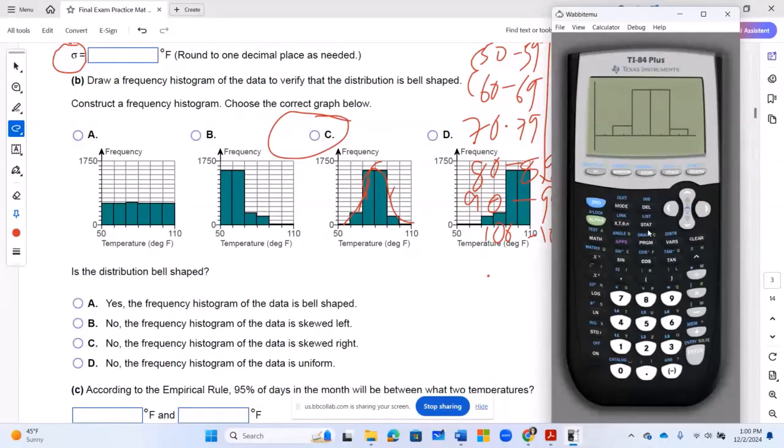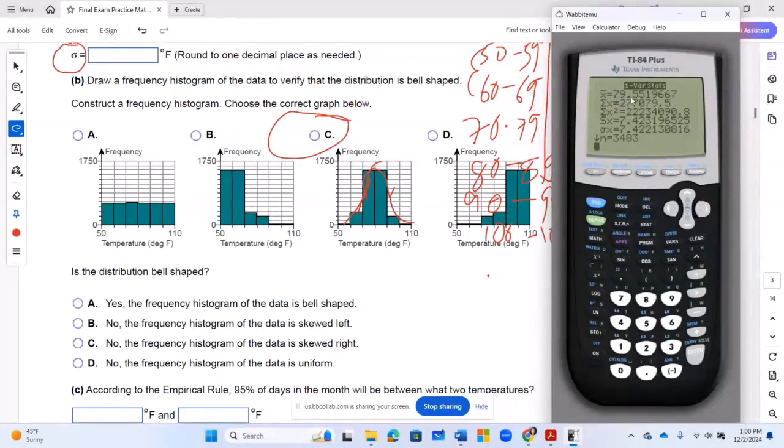But if I want to, I can go to stats again and do one variable stats of this data, and I would want to conclude that the data is bell-shaped. What am I going to do? I'll compare the mean with the median.